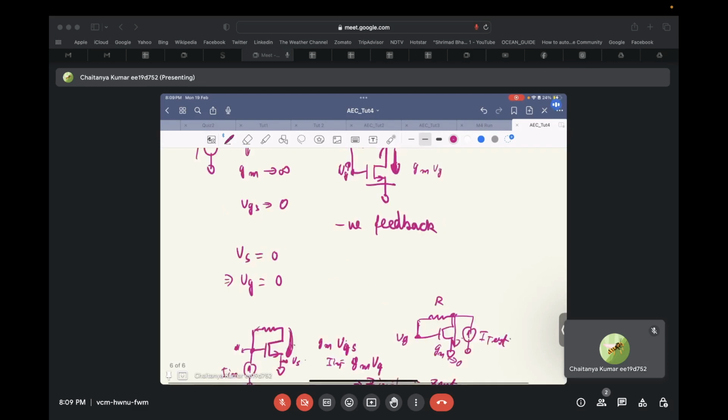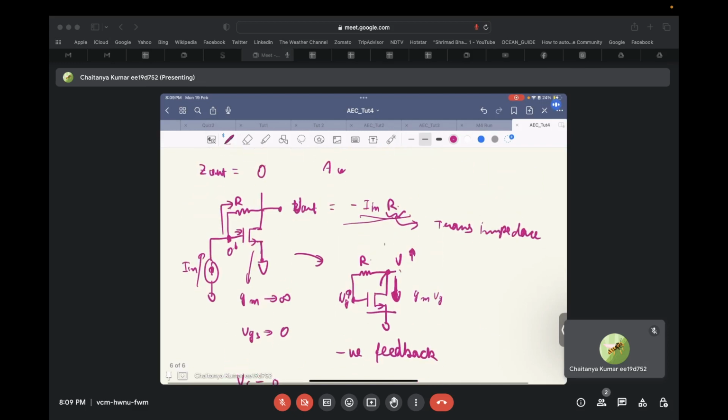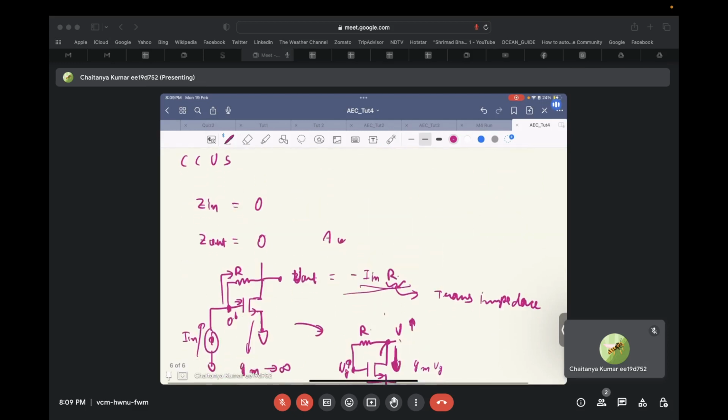So it caters to all the requirements for a circuit to be a current controlled voltage source. Its input impedance has to be zero, its output impedance has to be zero, and it should provide some transimpedance gain, and the transimpedance gain that we get from the circuit is equal to R.